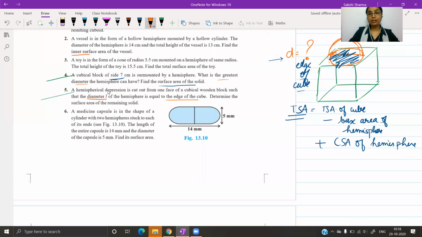Try drawing the figure in rough. So you will have a cube first of all, and then you want to draw a hemispherical depression. So rather than showing the hemisphere on top, now you have to show the hemisphere inside the cube. So it will be like this. So I'm going to just draw this.